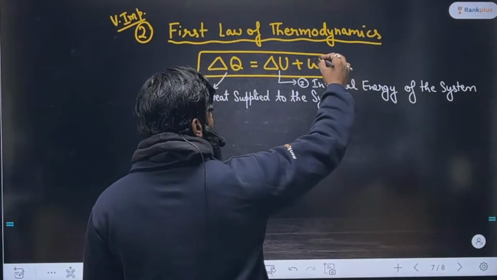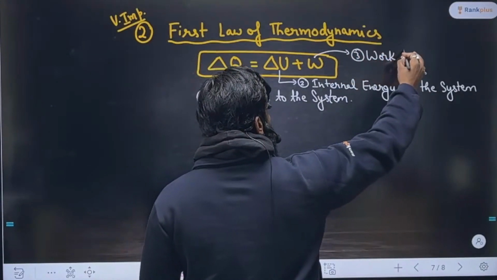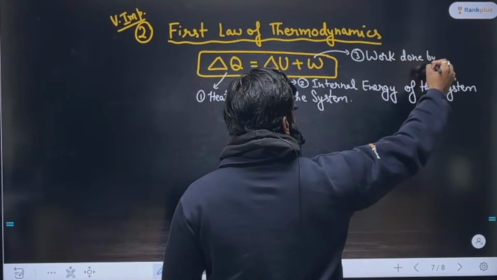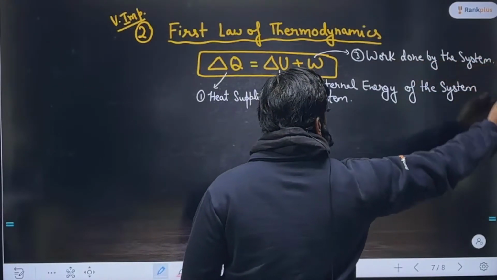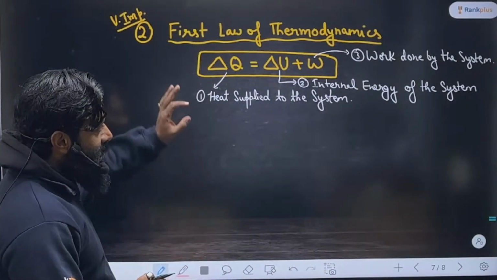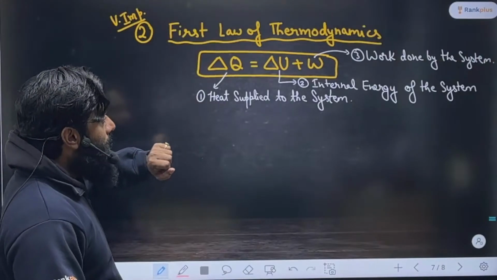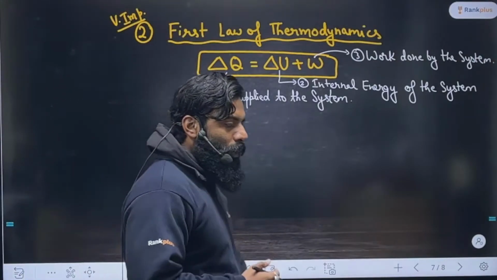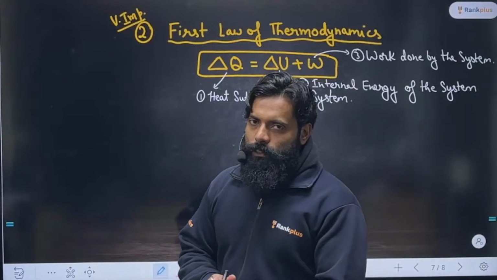And the third is the work done by the system. Okay. And you know what? There are three terms in this first law of thermodynamics, and for each term, we have a different formula or a different way to get the correct answer.